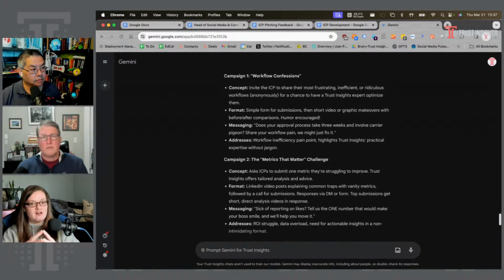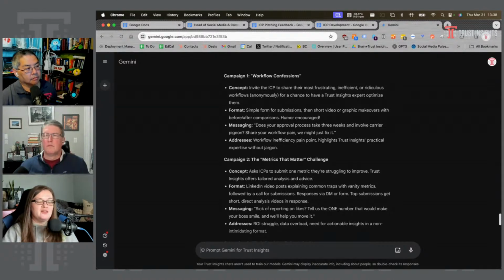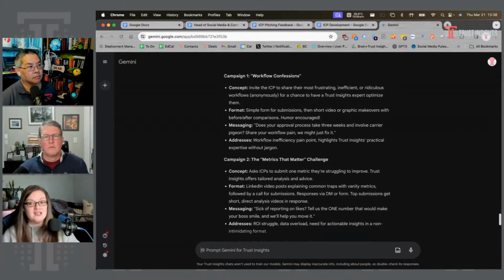You could just list out that information at a very high level, without going through a larger ICP exercise, and say, I want to target people in these size companies, in these roles, in this geographic location, with these titles. So you could have those four pieces of information. Give that to generative AI and say, and these are the keywords I want to rank for. Help me put together a content plan.